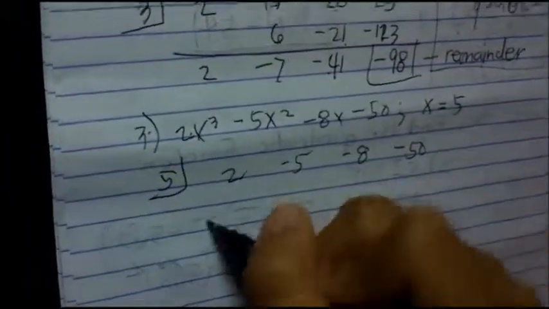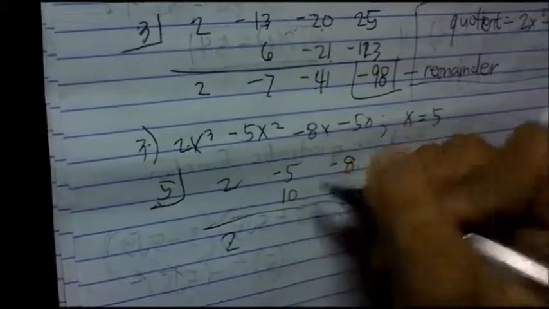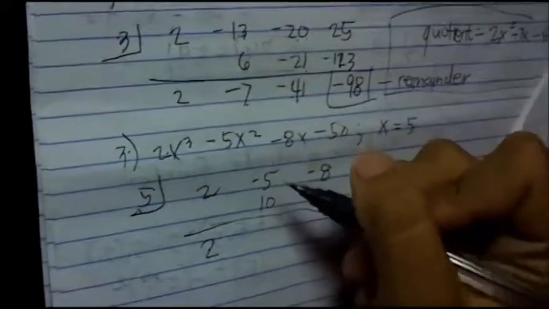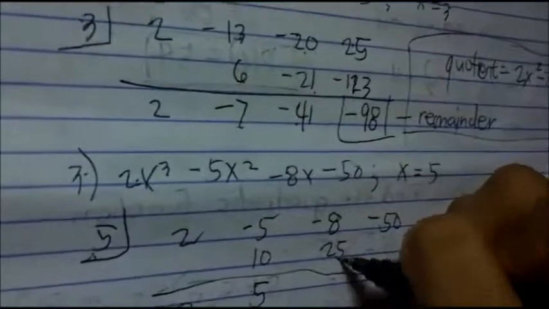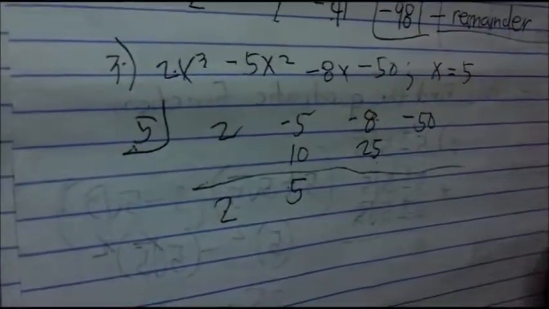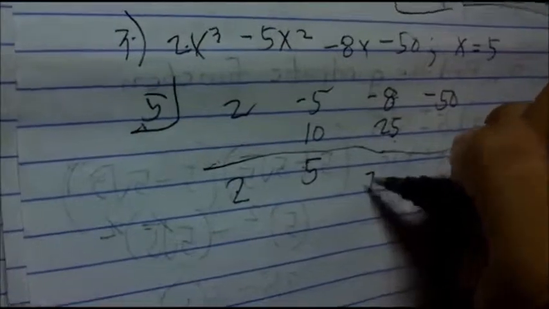So bring down 2. 2 times 5 is equal to 10. So negative 5 plus 10 is 5. 5 times 5, 25. Negative 8 plus 25 is 17.